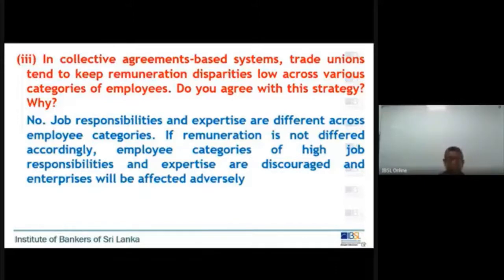Then, do you agree with this strategy? Answer is no. Why? Different jobs are performed by different people who take more responsibilities. Say, for example, a banking assistant and the manager.